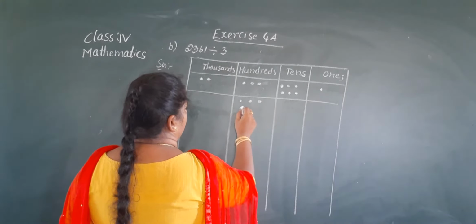Now how many dots are left here, children? 2 dots. In the next step, you convert these 2 dots into tens. Here there is no thousands. But here how many groups? 1, 2, 3, 4, 5, 6, 7 groups. So we write again that 7 groups.